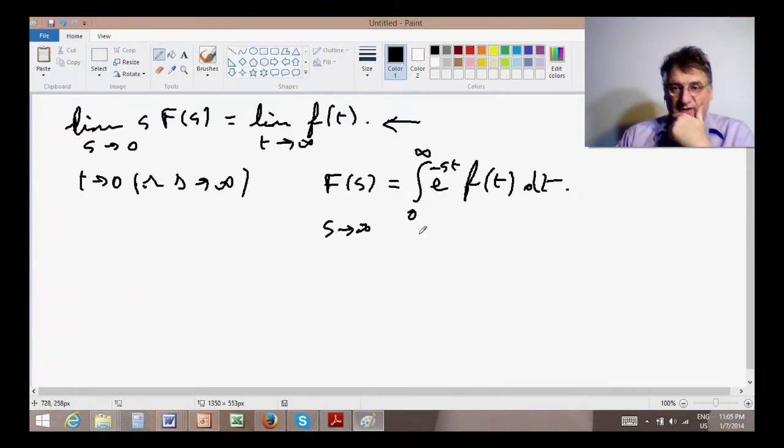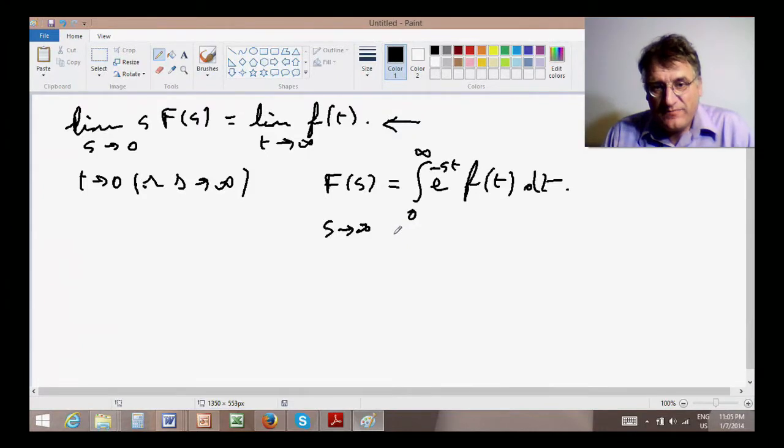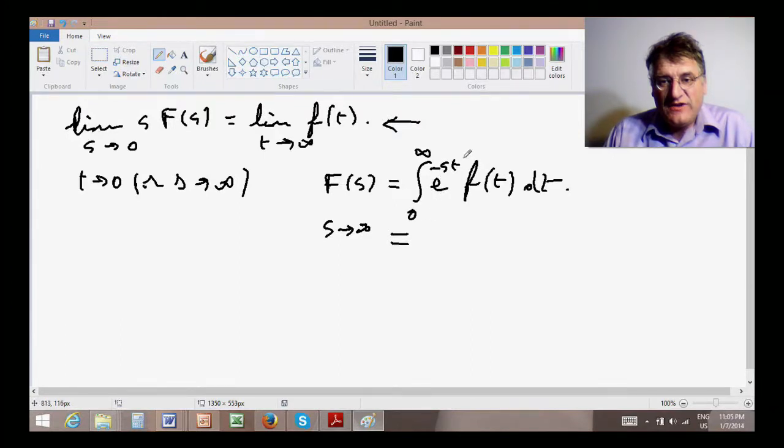Possibly the way to look at this is by doing an integration by parts again. We're going to try this. We're going to say that this is something that we integrate here and something whose derivative we take there.